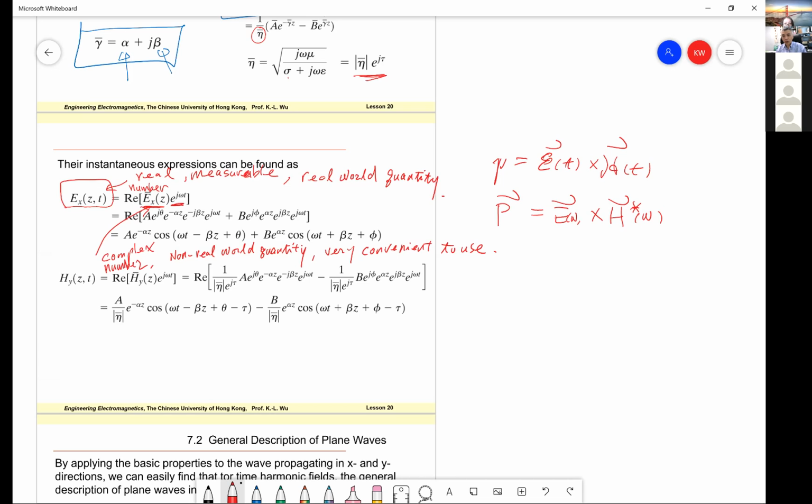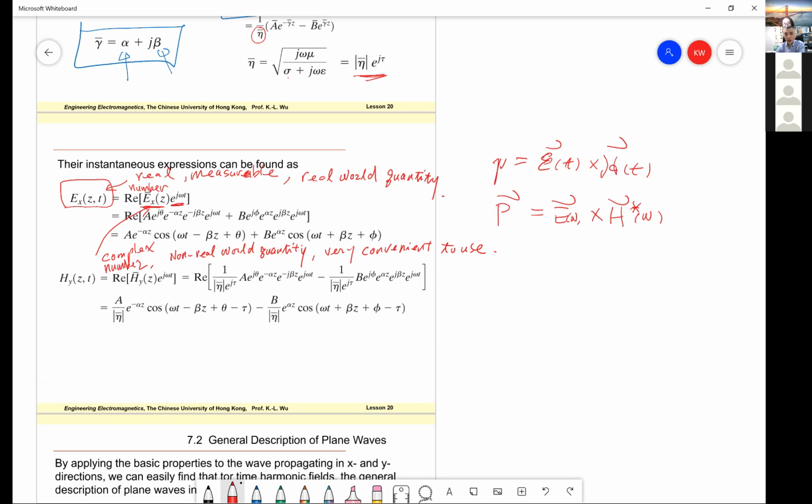But when you deal with a lossy medium, phasor is a great convenience. Even I can say without using phasor, I don't know how to handle it using pencil and paper. Very, very difficult. Maybe this one formula we derived would take a couple of pages if I didn't use phasor.